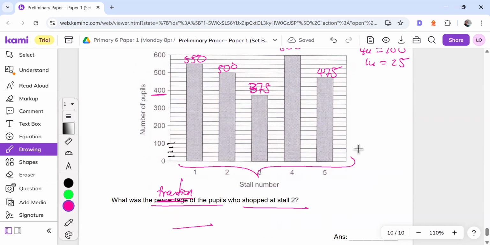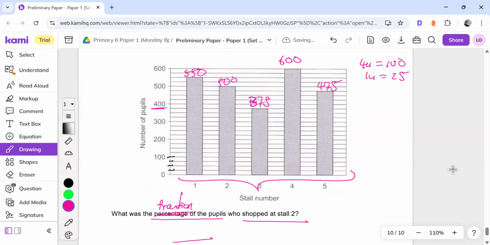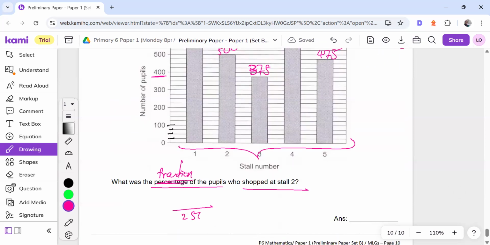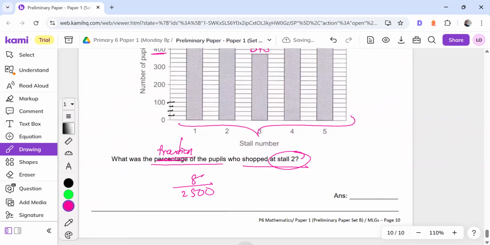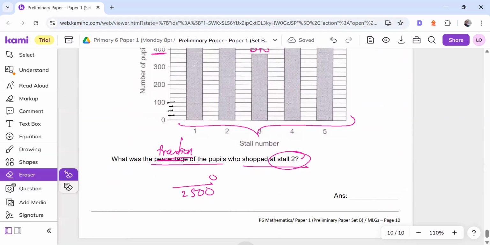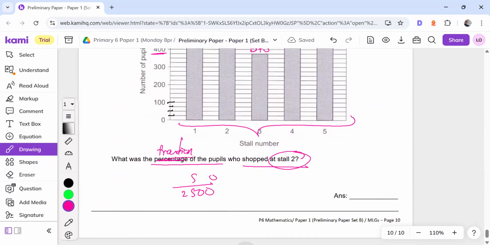So you have 550 plus 500 plus 375 plus 600 and then plus 475. You get total 2,500. And how many shop at store 2? 500.